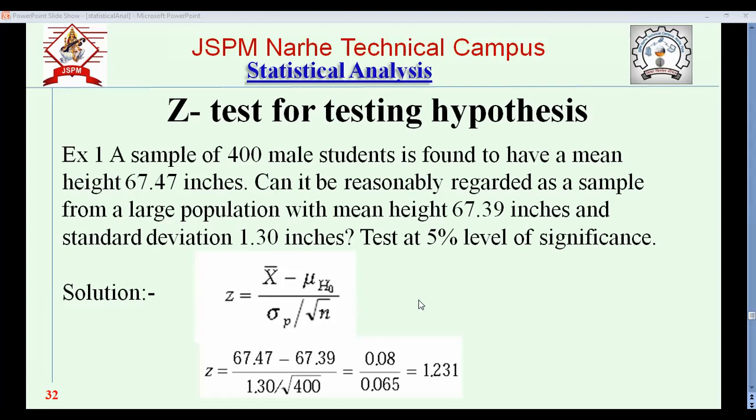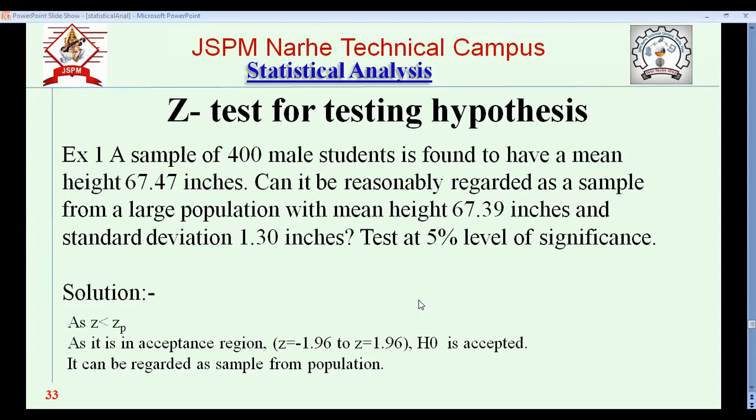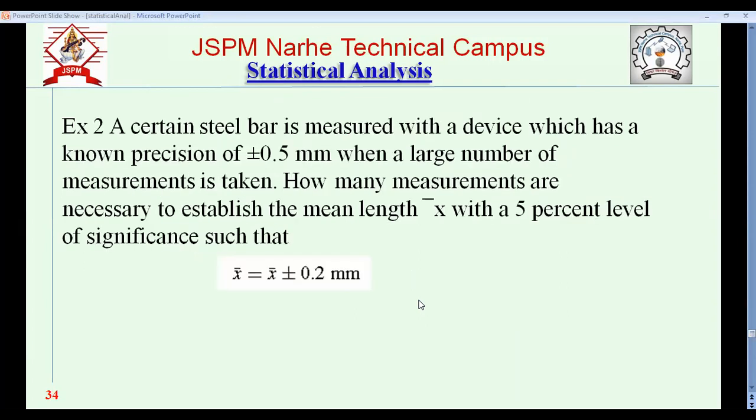Now the next problem, we'll see how many readings we need to take for having variation in the mean reading. In the problem it is given that we want a variation in the mean of plus minus 0.2 mm, but the accuracy of our instrument is 0.5 mm, and we want a 5% level of significance.